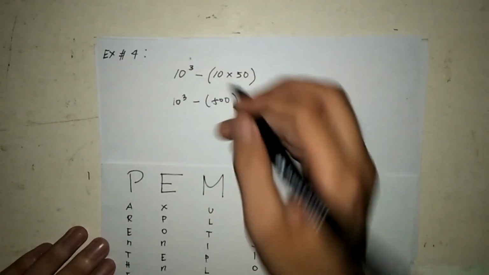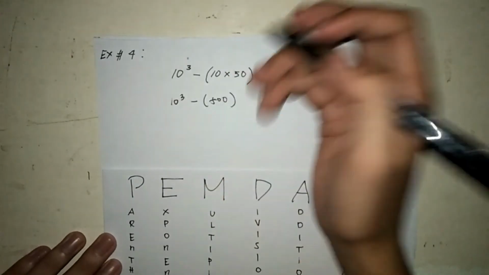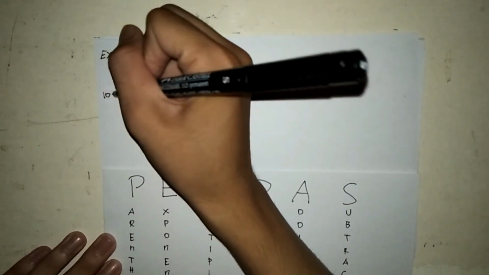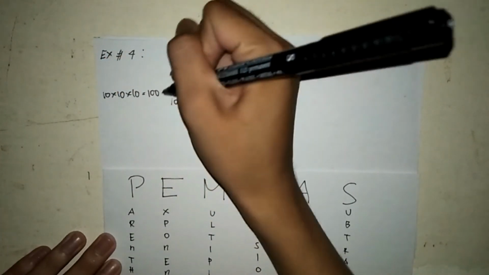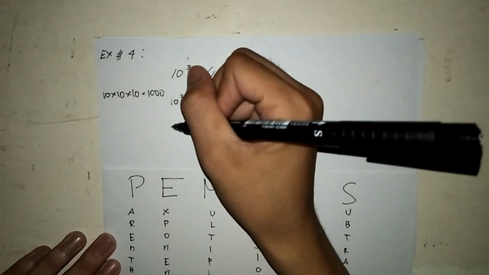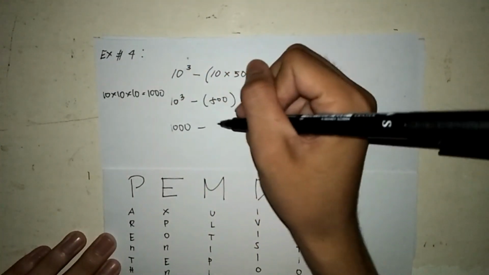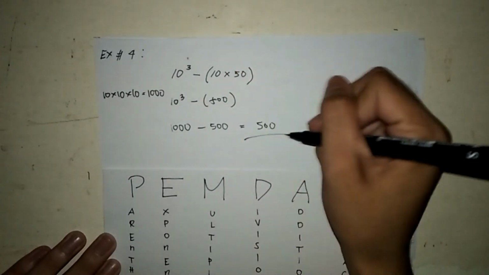Exponent is cube. I-multiply mo lang yung 10 ng 3 beses. So, 10 times 10 times 10 will give us 1,000. So, 10 cube is 1,000 minus 500 will give us 500.